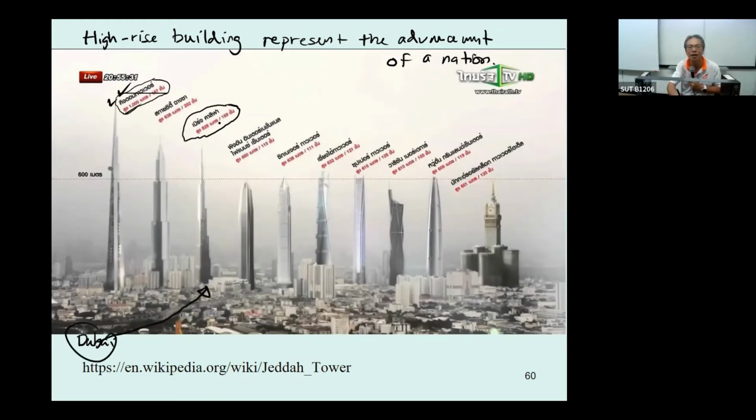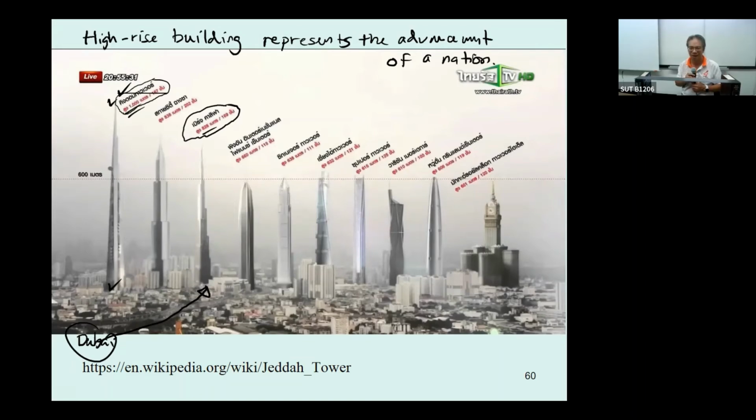After Dubai finished this building, Saudi Arabia said, if Dubai can do it for 828 meters, Saudi Arabia will build a 1,000 meter one to get higher. So that's what I said. Some people put the highest building as the representation of the richness of the country.